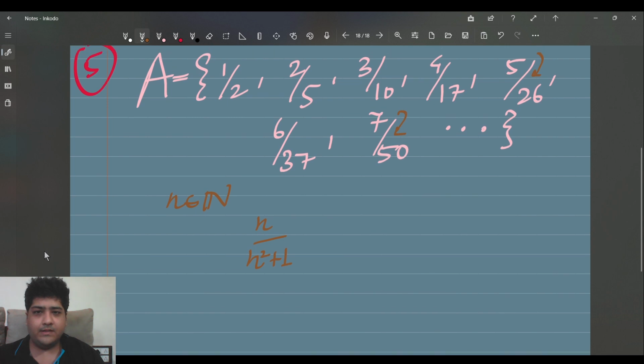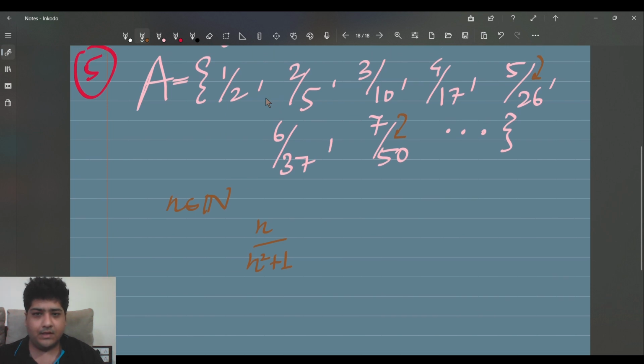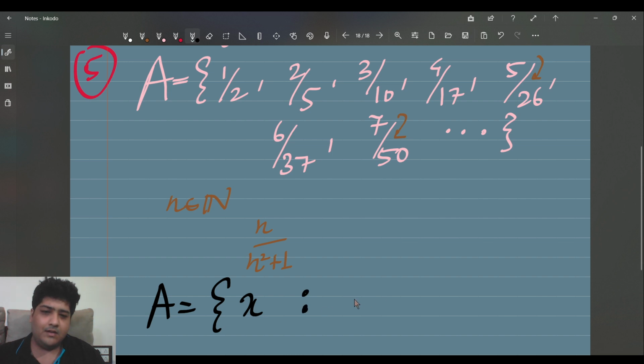So how do we write this as a set? Now we know what the elements are, in what form the elements are listed. So how do we write this in set builder form? I'll call it A. So the set of all x such that x is of the form n squared plus 1 for n belongs to natural numbers, right?